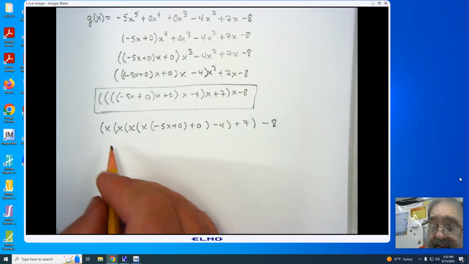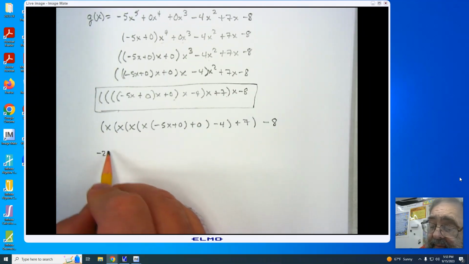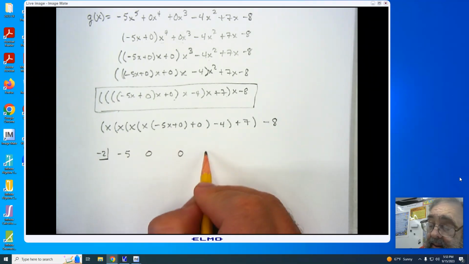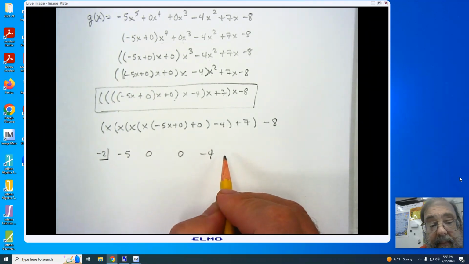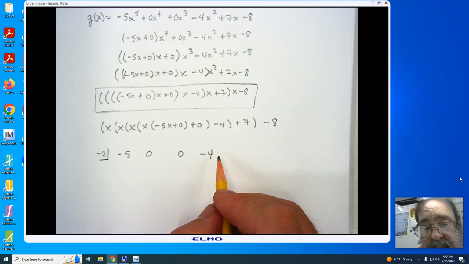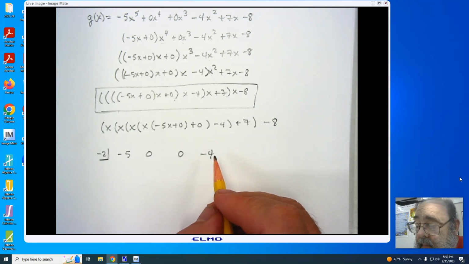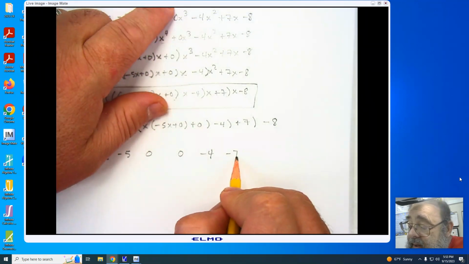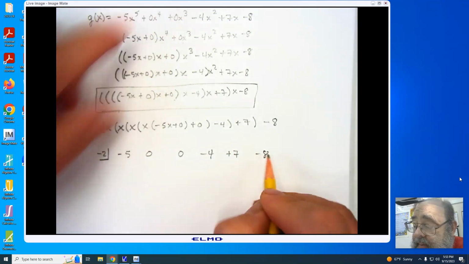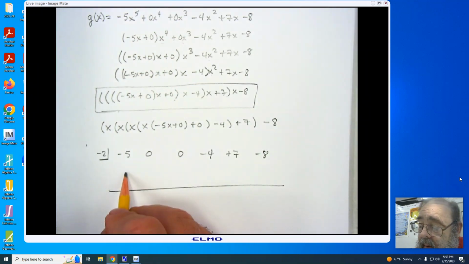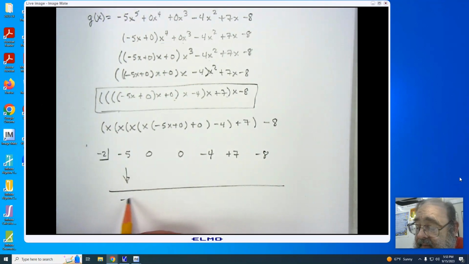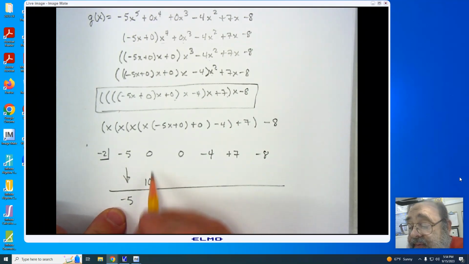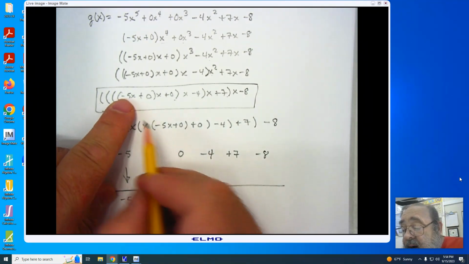Here, let's take a look and see what the synthetic division would have. You're probably going to see the nested form. Once again, we're just writing all of these down. We bring down the negative 5. We multiply by the negative 2, and it gives us a positive 10, and we add. Notice that's right here.